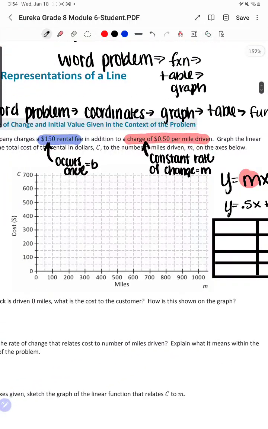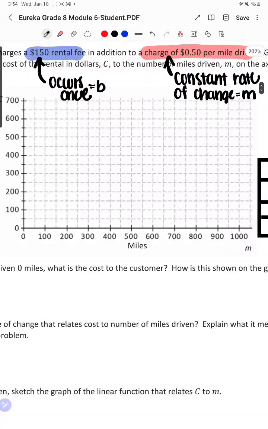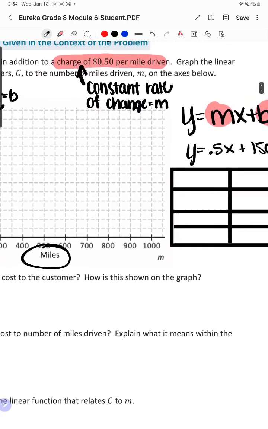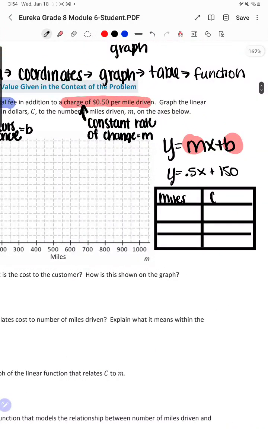Now, one of the ways that we can tell what x is equal to, even when it doesn't tell us what x is, is by looking at our graph. We can see on our x-axis right here that x is equal to miles. So we know that x is miles. The other thing that we know is that our y-axis is cost. So we know that y is cost.